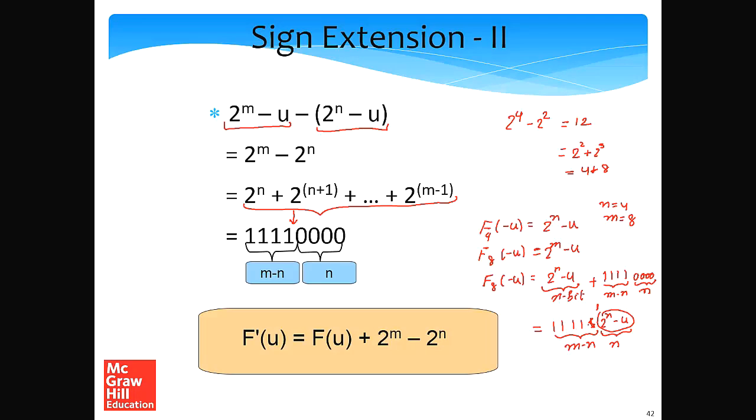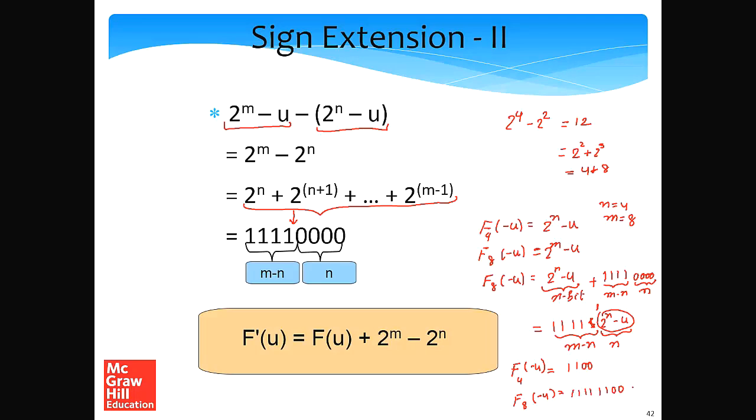Alright? So the important point to note is that whatever is the representation in the 4-bit number system, let's again consider f of minus 4. F of minus 4 in a 4-bit number system was 1100. So f of minus 4 in an 8-bit number system will first be 1100 and the rest of the positions will be equal to 1.